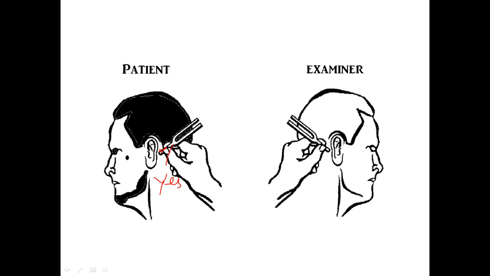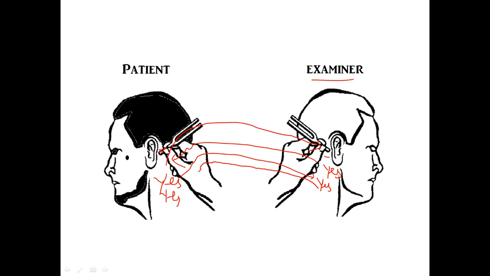Then he will switch back to the examiner's ear and listen whether he is able to hear. Now he is also able to hear. Now again he will place it on the patient's mastoid area, the bulgy portion behind the ear. Again the patient will say yes. Then again the examiner will check and he will also hear. Then again he will switch to the patient.